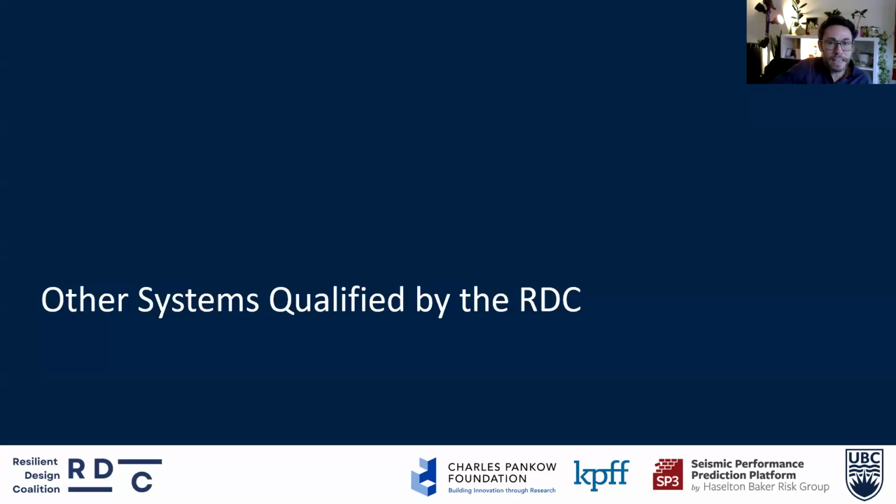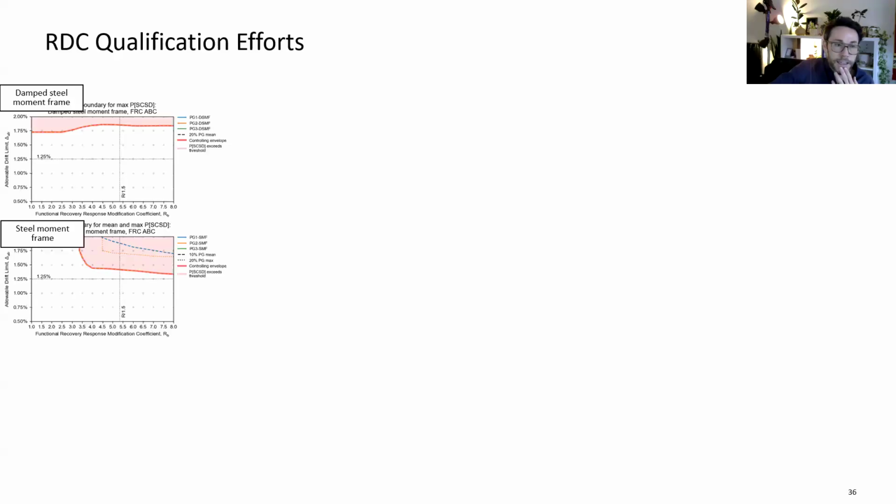So I want to very briefly list the other systems that have been qualified by the Resilient Design Coalition and submitted for inclusion in the upcoming NEHRP recommended provisions. We've studied steel moment frames, and also conventional steel frames to serve as a little bit of a sanity check or a reference.